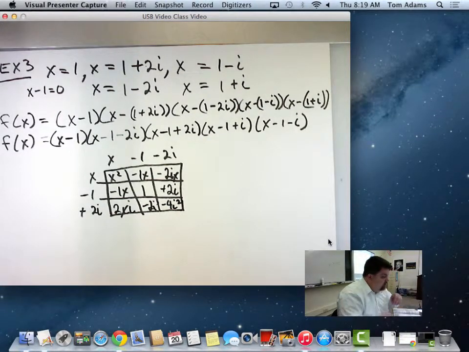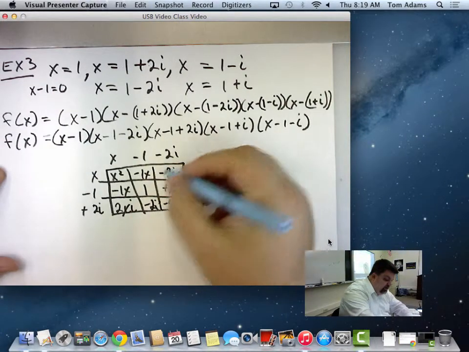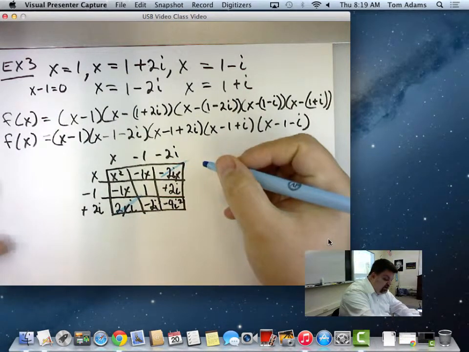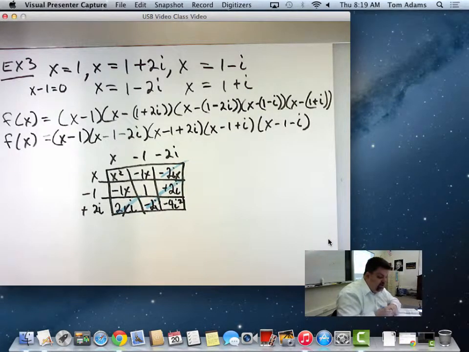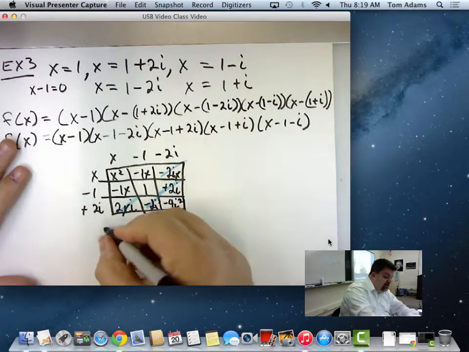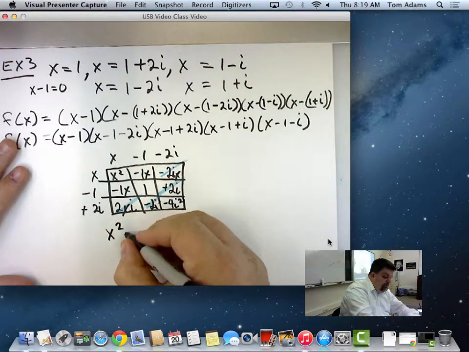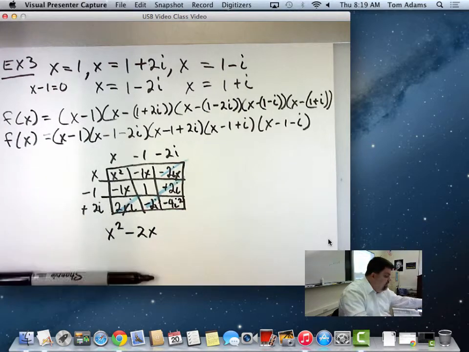And so Mr. Adams is trying to think and write at the same time, but this should cancel with this, and it does. This cancels with this, and it does. And so what I should be left with is some x squared. I shouldn't have any more complex numbers after I multiply the conjugates. And I don't think I do. So all this stuff is x squared minus 2x, because I'm combining like terms.